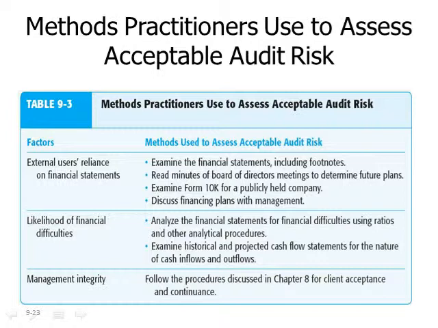If we want to gauge or assess acceptable audit risk with respect to the likelihood of financial difficulties, we may decide to analyze the financial statements for financial difficulties using ratios and other analytical procedures, which we'll talk about. We also want to assess management integrity. So there we'll follow the procedures we discussed in Chapter 8 for client acceptance and continuance decisions.